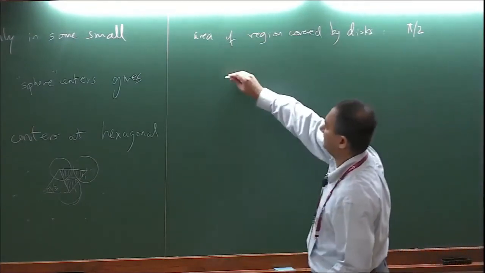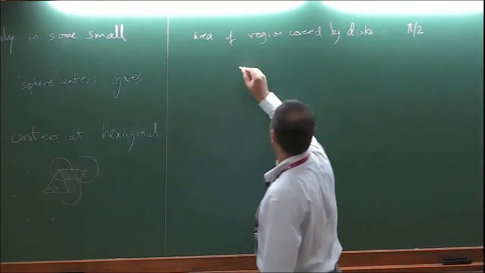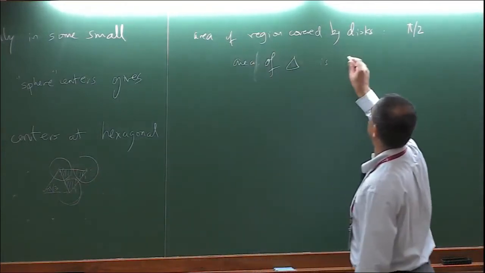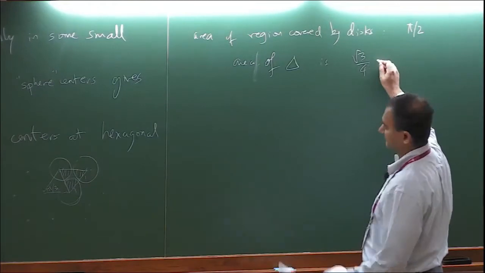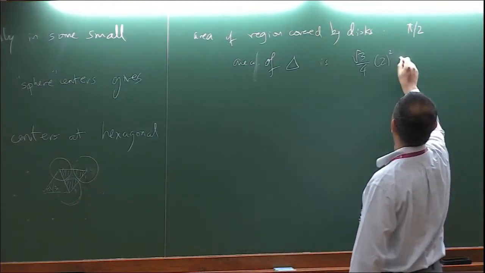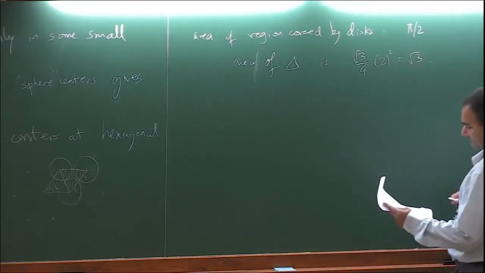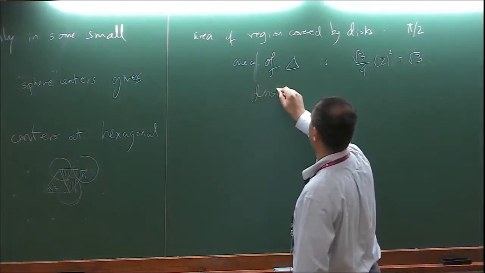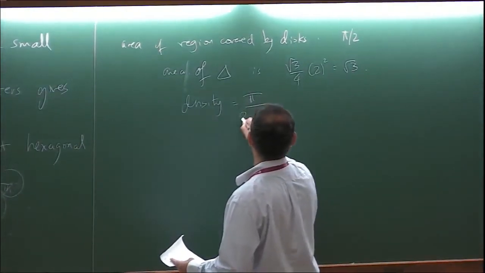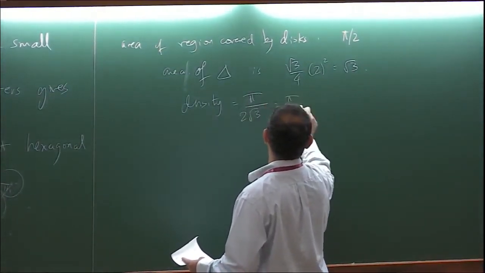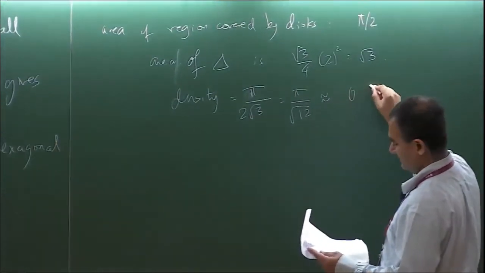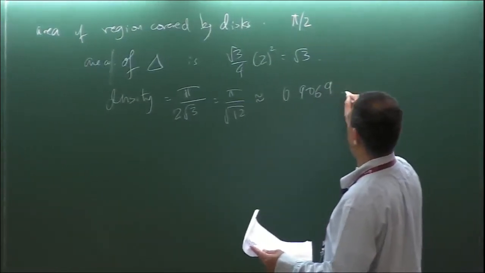And then the area of the triangle itself is square root of 3 over 4 times the side of the triangle squared. So 2 squared, so 3. And so the density is pi over 2 root 3, pi over the square root of 12, which is approximately 90%, 0.9069.